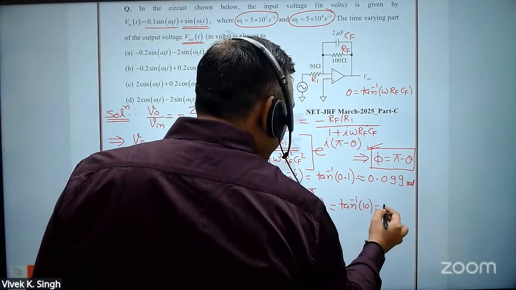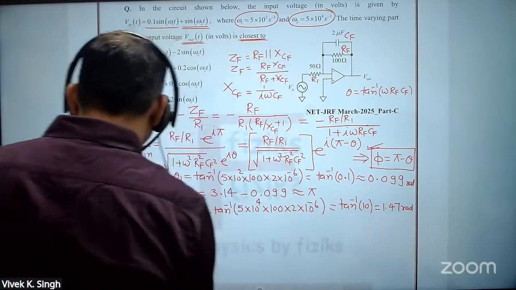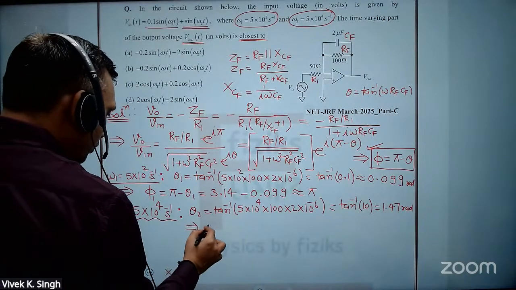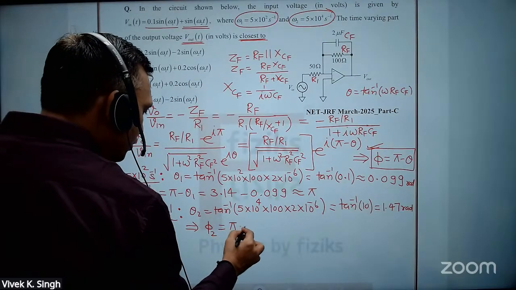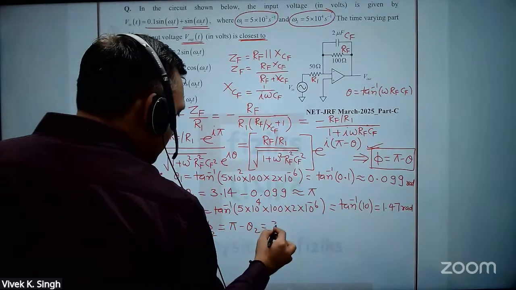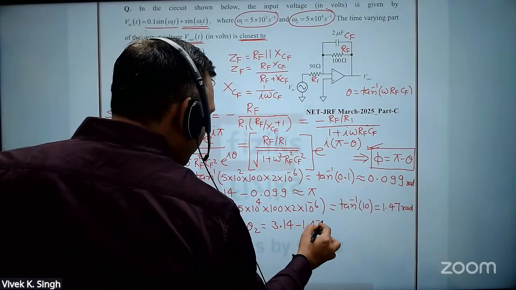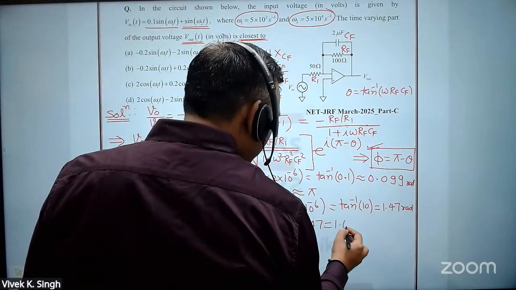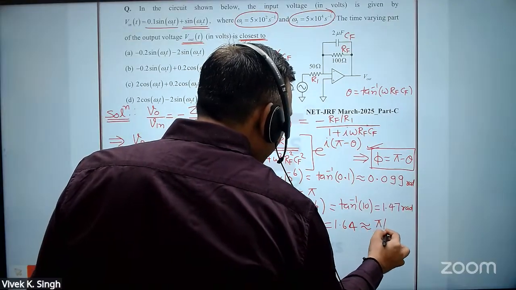I think this value is 1.47 radian. So phi 2 will be given by pi minus theta 2, 3.14 minus 1.47. This value is 1.64, and you will see that this is approximately pi by 2.